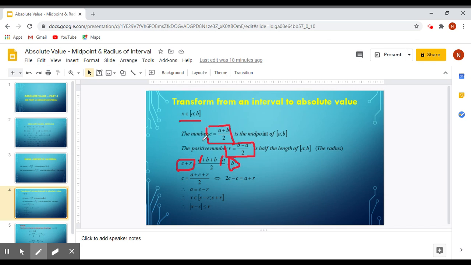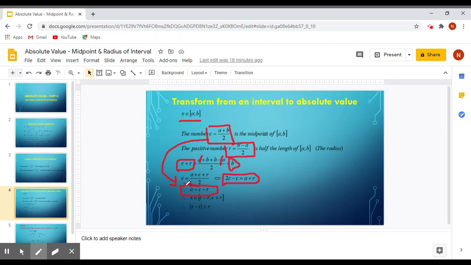Now, using the midpoint equation and substituting the new value of b, I will get c equals a plus, instead of b, c plus r, over 2. I cross multiply and get the c to the other side. I will get 2c minus c equals a plus r, which means a equals c minus r.